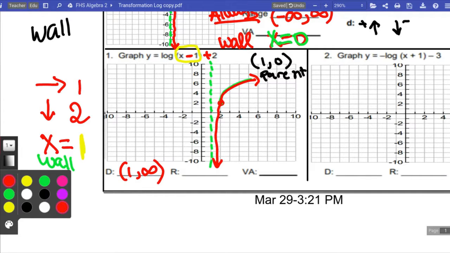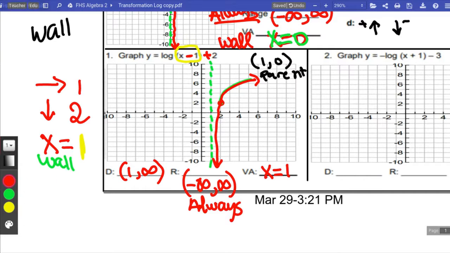The range starts at the bottom and goes to infinity. Remember, the range will always be this for the logarithm. And the vertical asymptote is just the opposite of what was inside, so it's positive 1. Not difficult, was it? Pretty simple, right?